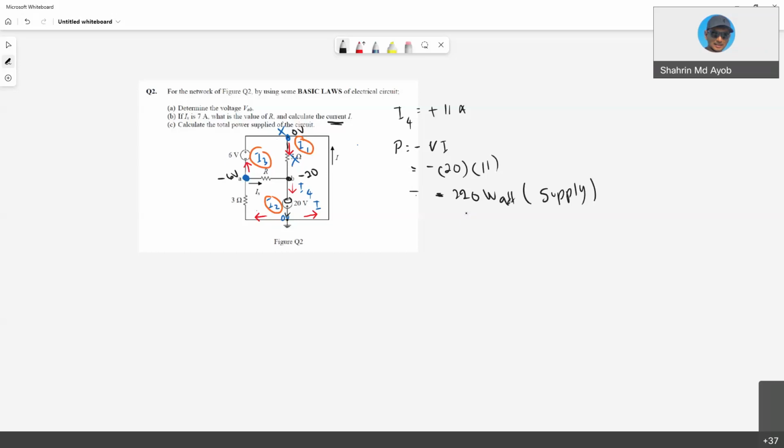Then we check the second voltage source. The current that we assume is entering the negative terminal, so negative VI. Negative 6 volt, but the current I3, if not mistaken, is negative 5, right?